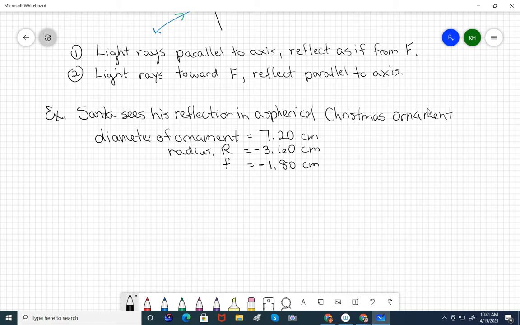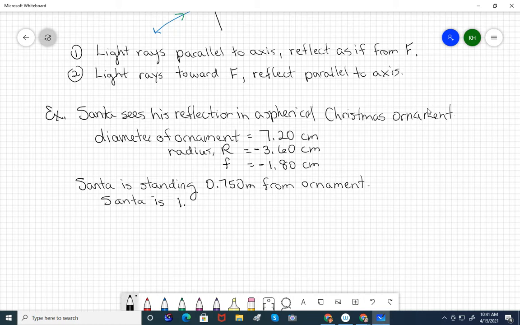They also tell us that Santa is standing 0.750 meters from the ornament, and that Santa is 1.60 meters tall. So we know his height.